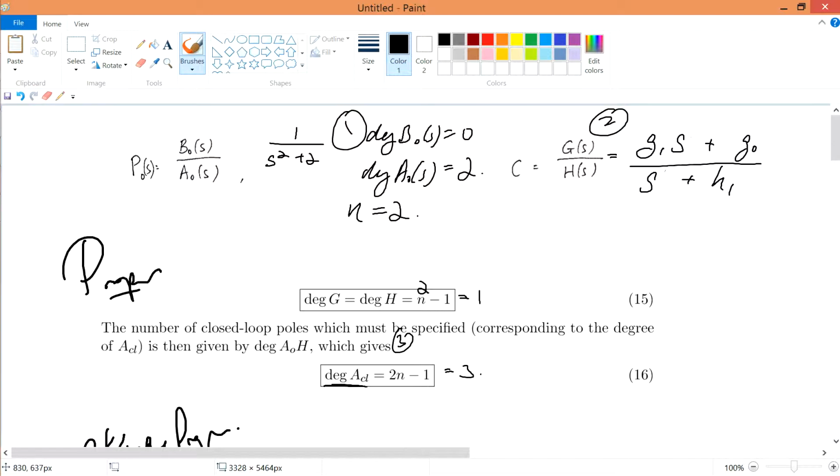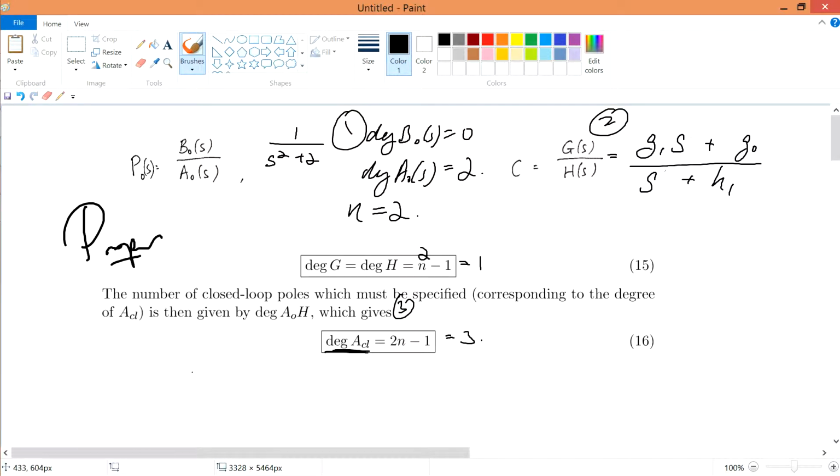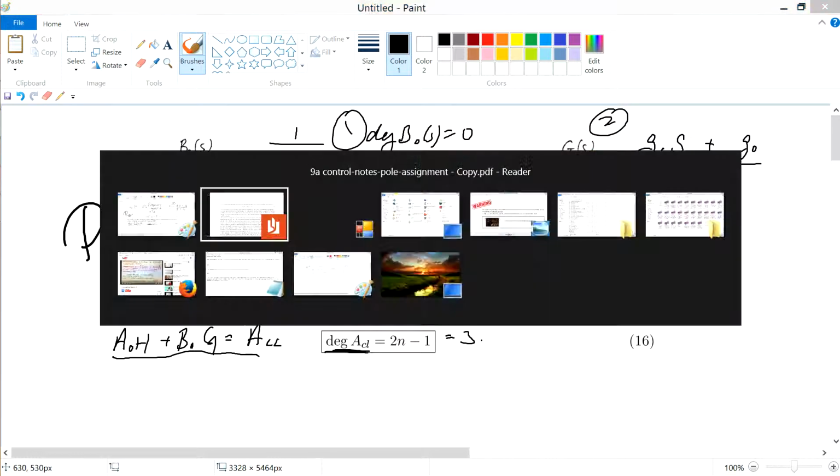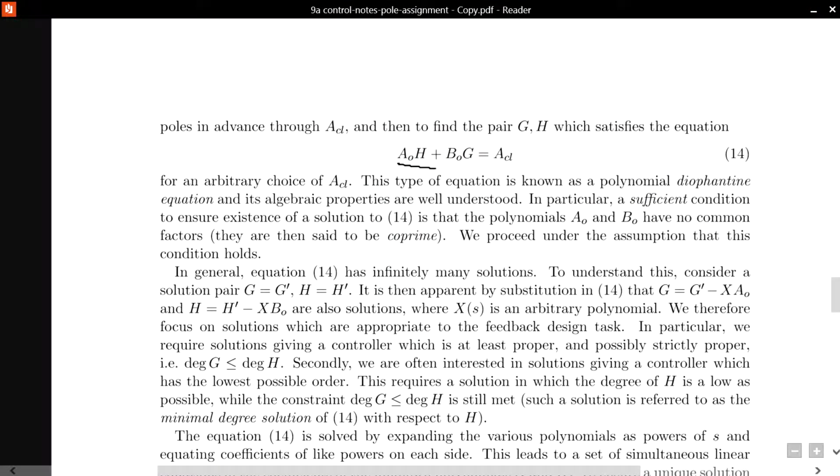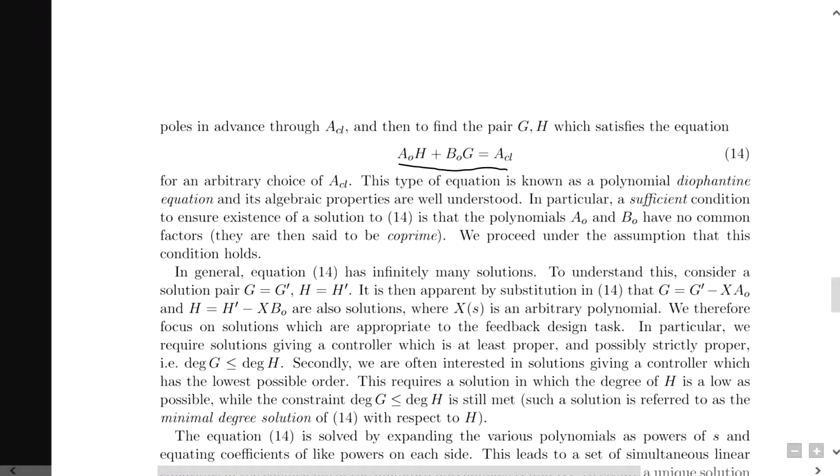So the degree of your A CL, or your Diophantine equation, is of this order. The highest order is 3. Okay, so therefore I'll just write out my Diophantine equation, which is A naught H plus B naught G equals A CL, the closed loop.